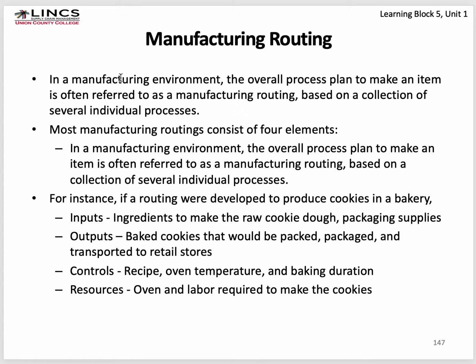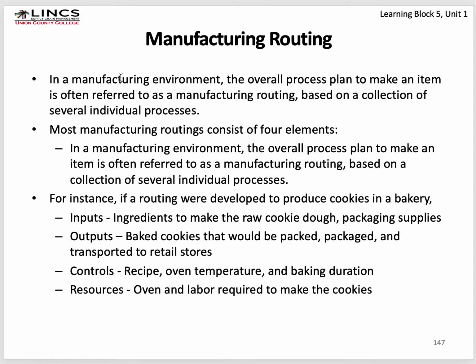So they're talking about 4 items. An overall process plan to make an item is referred to as manufacturing routing. It's based on a collection of the individual processes. Inputs: ingredients to make raw cookie dough, and packaging supplies. Output: baked cookies that would be packed, packaged, and transported to retailers. Controls: the recipe, the oven temperature, the baking direction.